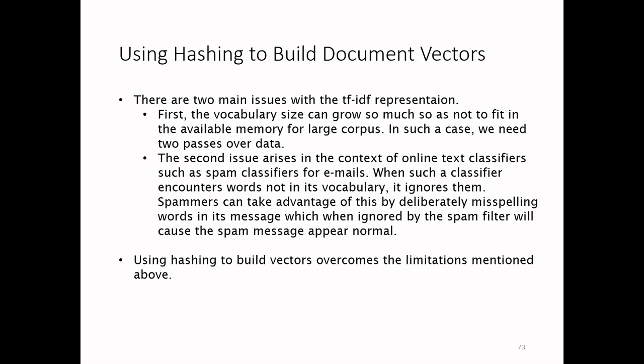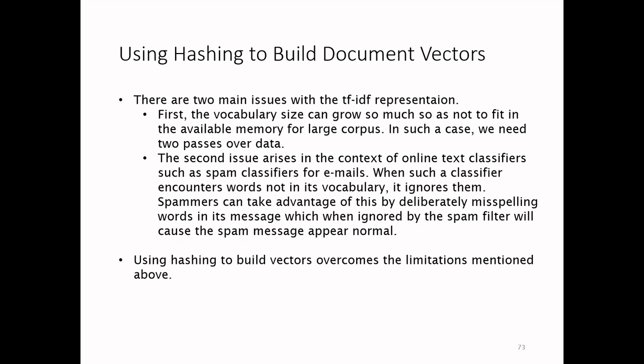Now, if there are words in the email that are not present in your dictionary, because the classifier has been built, so it's already there and it has its own dictionary, then what the classifier does is that it basically discards that word. All right. That means that word is not used while doing classification for being a spam or not a spam.